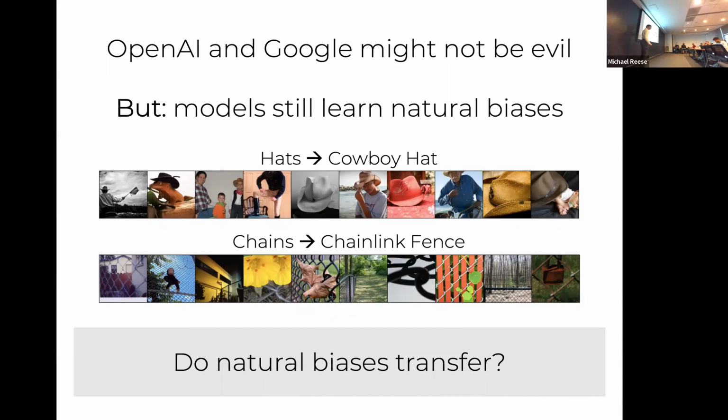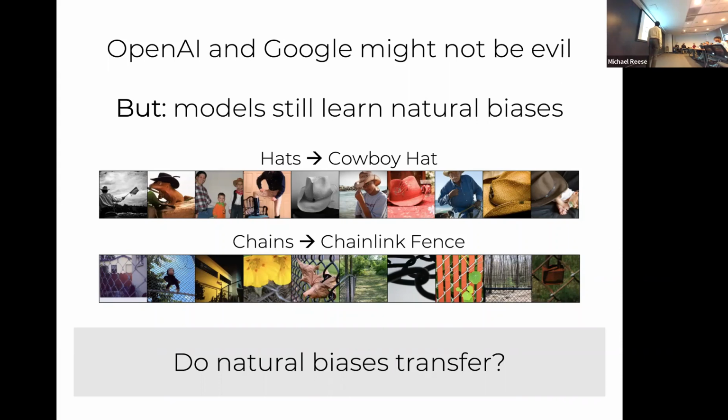I use both of these examples in contrast to the ImageNet example with the fish for the man. These are supposed to be more natural. Ideally, you're sitting here thinking, these make sense. I guess it's just confusing because I don't see any hats that aren't cowboy hats or any chains that aren't chain link fences.